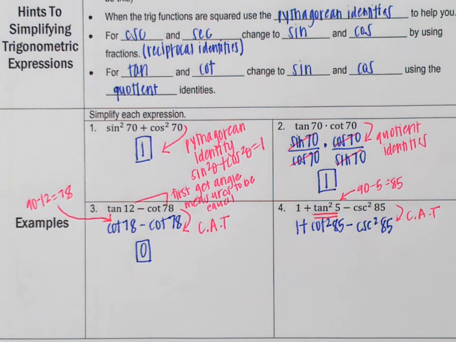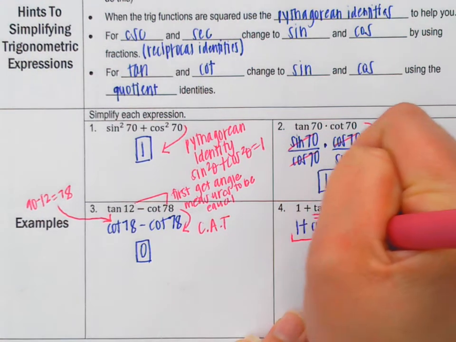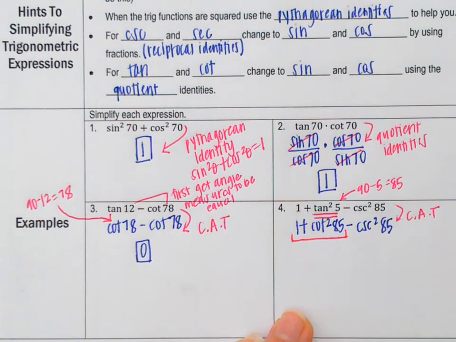My next thought is, I see some squareds there. So I look at my Pythagorean identities. I have sine squared theta plus cosine squared theta, I have 1 plus cotangent squared theta, and then I have tangent squared theta plus 1. So I'm going to use that 1 plus cotangent squared theta, and I can apply that here. Well, 1 plus cotangent squared theta is equal to cosecant squared theta.